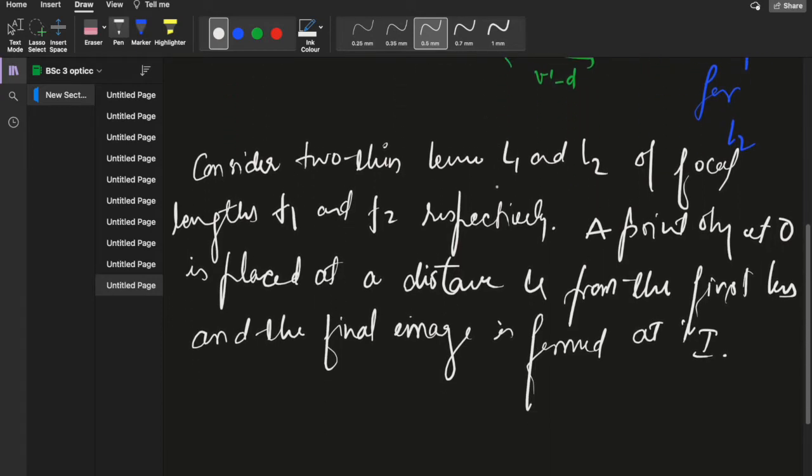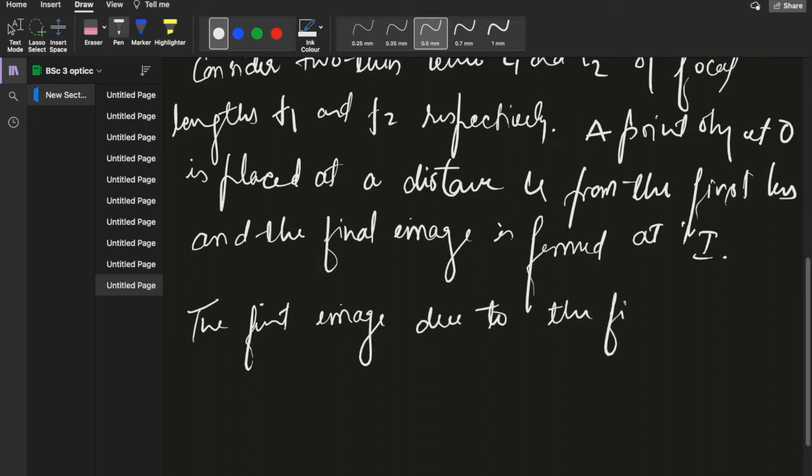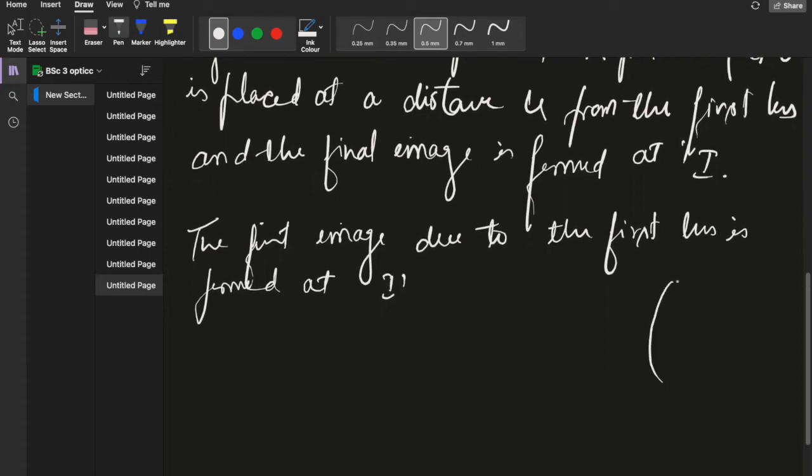So the first image due to the first lens is formed at I dash. Normally, with a lens system, an object O is located here, and the image is formed somewhere here.